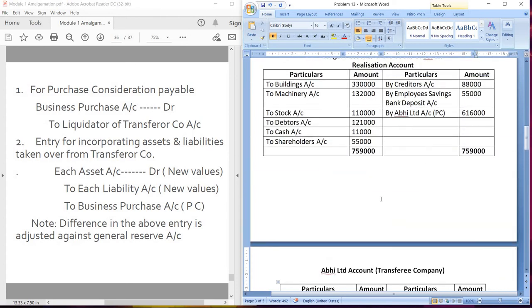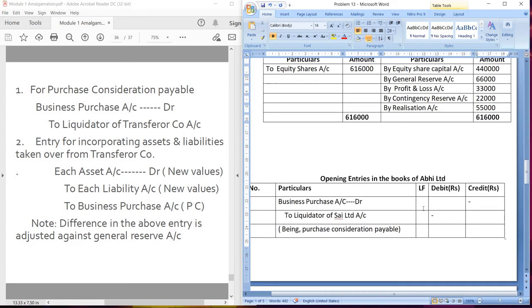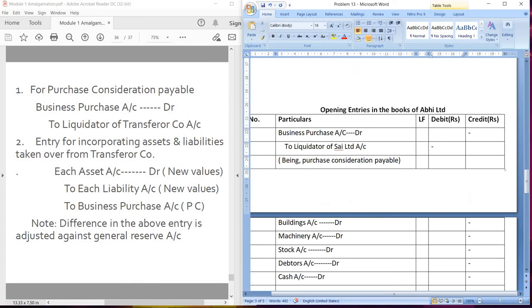So what is the amount of purchase consideration? It is 6,16,000. Narration being purchase consideration paid.